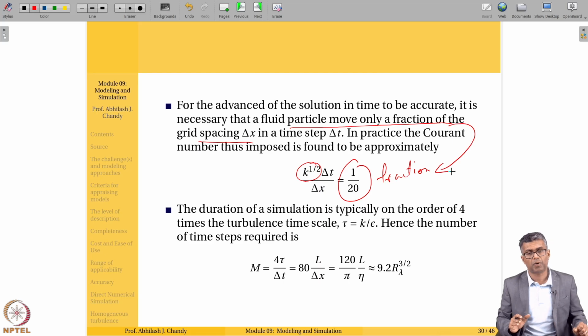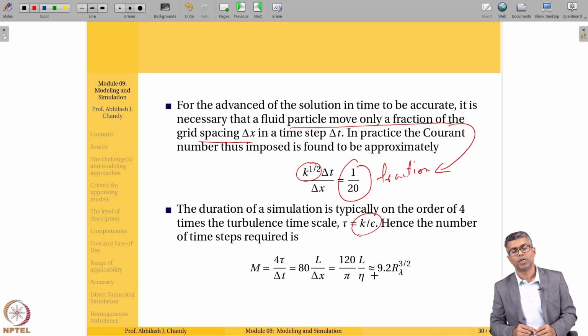So the duration of the simulation is typically about 4 times the turbulent time scale. The turbulent time scale is like an eddy turnover time, so k over epsilon. So the total number of time steps would be 4 times tau over delta t, where tau is the turbulent time scale, k over epsilon. That would be 80 times L over delta x, or 120 over pi, L over pi, and that is approximately equal to 9.2 R lambda to the 3/2.